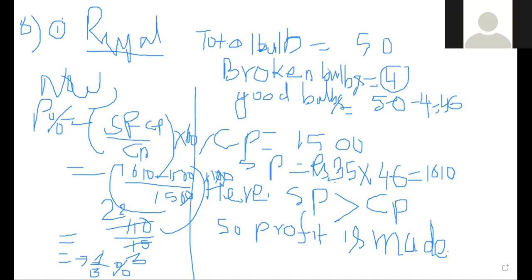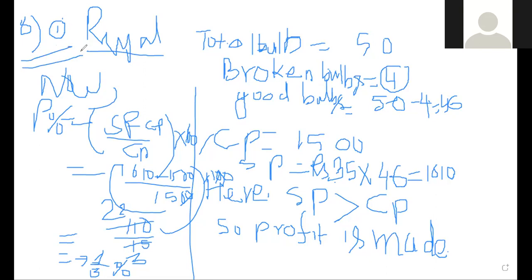Question number 2: a fruit seller bought 60 kg of oranges at rupees 25 per kg. 6 kgs of oranges were bad. If he sold the rest at rupees 30 per kg, calculate the gain or loss percentage. This is same as question number 8, right? Can you do it?